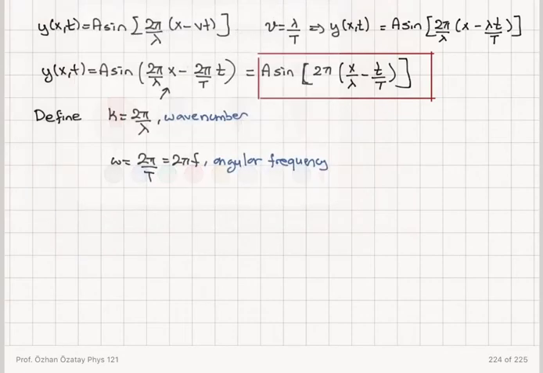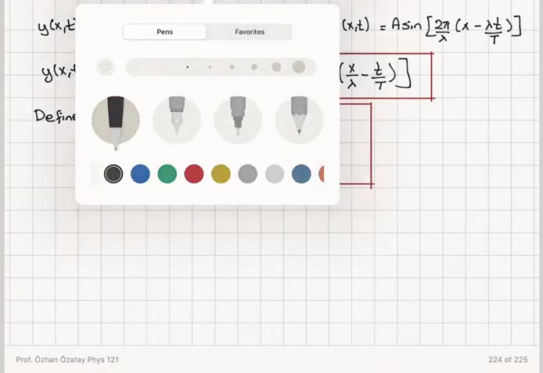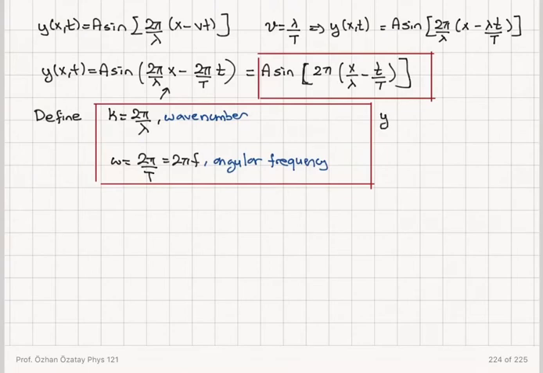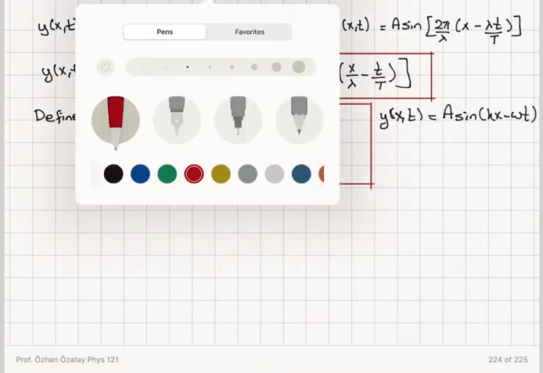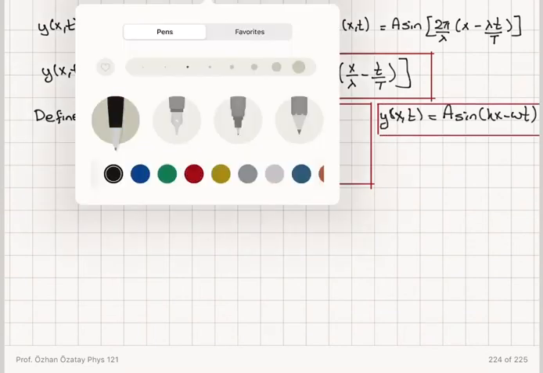I noticed that with these definitions I have a new way of writing my sinusoidal traveling wave: y of x and t is equal to A sine kx minus omega t. So this is true if this wave is propagating to the right.